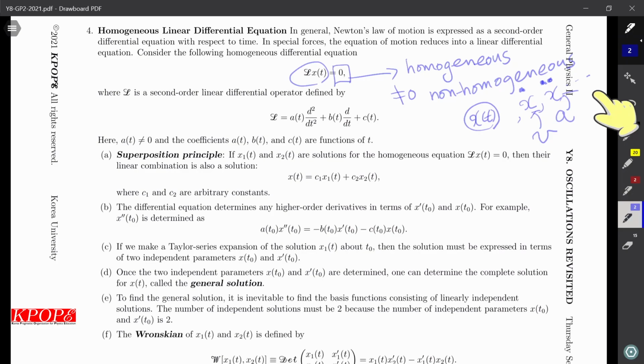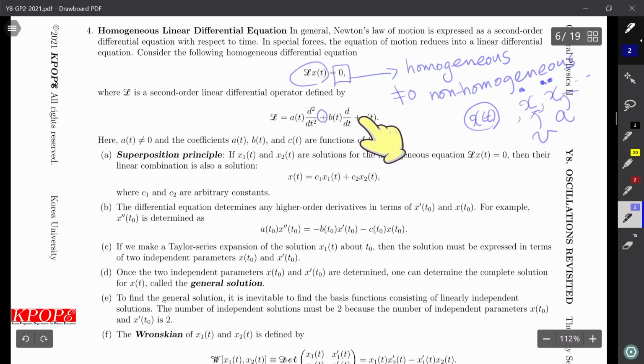It is called linear because they are linear combinations of the function, first order derivative, and second order derivative, multiplied by some numbers and added up together.